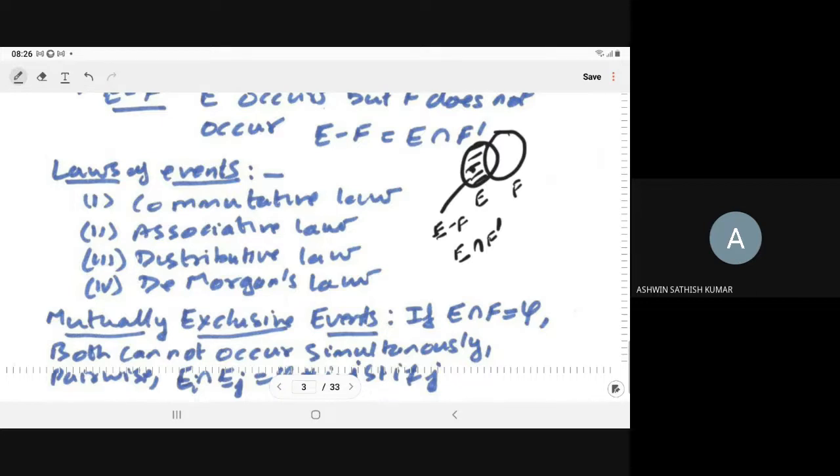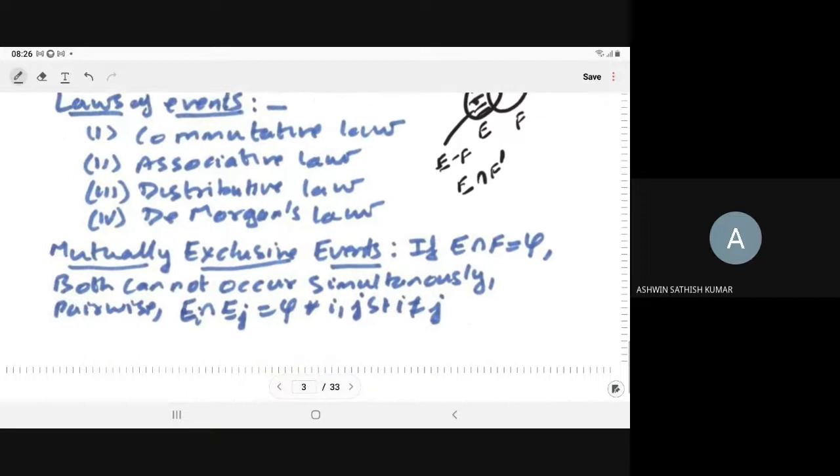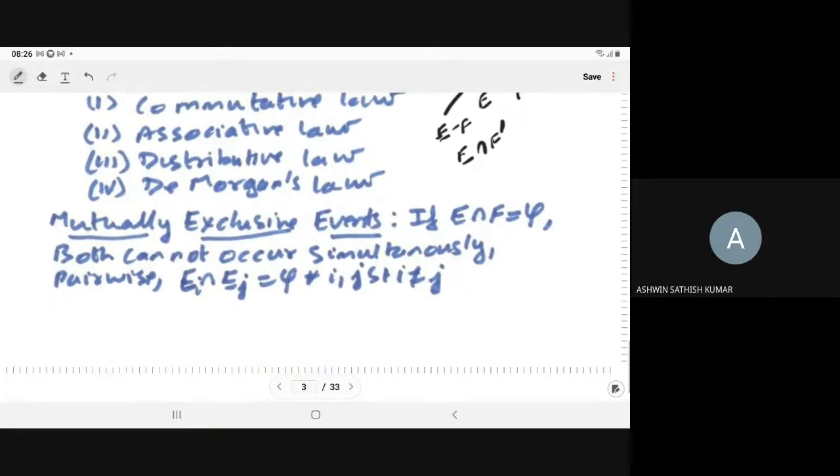Now you have the basic idea about the laws of the event. The events follow the commutative law, associative law, distributive law, and De Morgan law. After that, we have the important term mutually exclusive event. Events are mutually exclusive if E intersection F is phi, the impossible event; both cannot occur simultaneously.